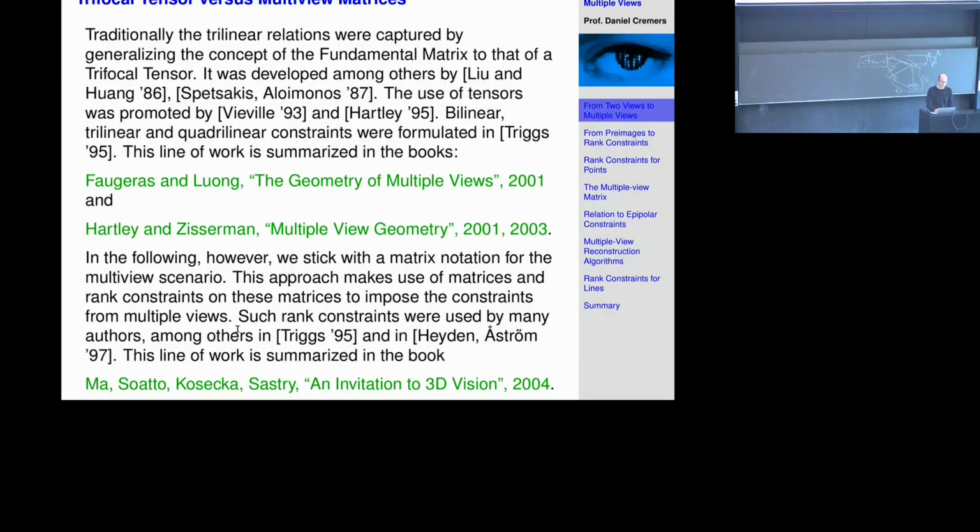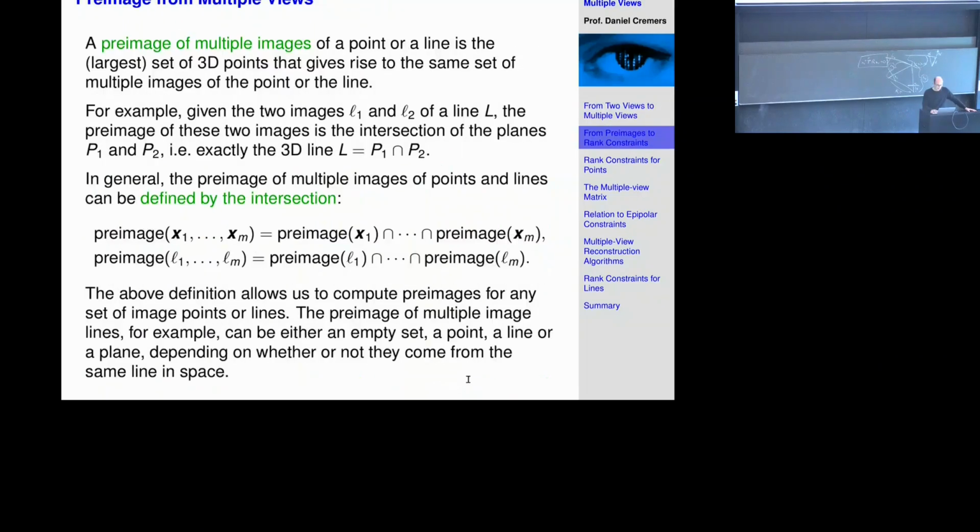What I'm going to use in this class is built on this book by Ma, Soatto, Kosecka, and Sastry that just uses linear algebra, so you don't actually need the notion of tensors and tensor algebra. And this was developed, among other people, by Bill Triggs, by Anders Heyden and Åström and others in the 90s.